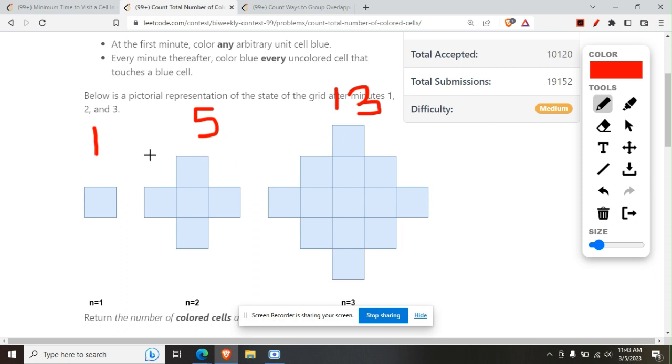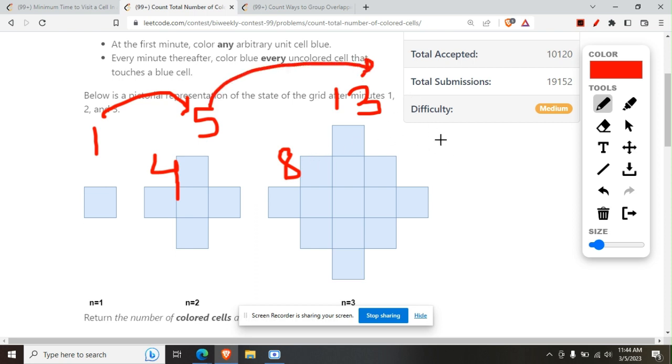Now we see that it is increasing in a fashion of 4. At first it increases by 4 into 1, that is 4, so it becomes 5. After that, 4 into 2 is 8, and 5 plus 8 is 13.